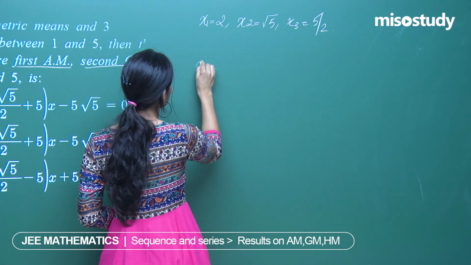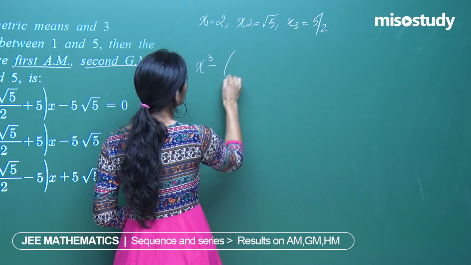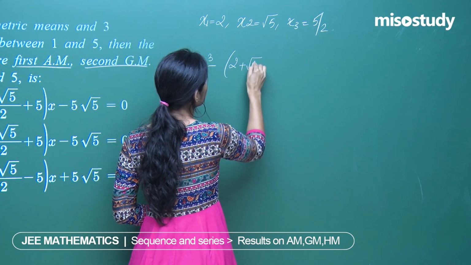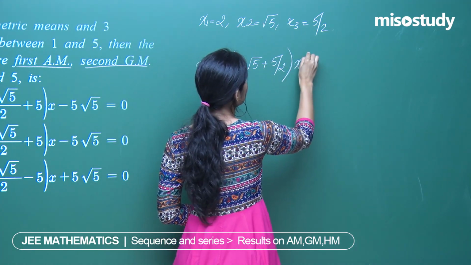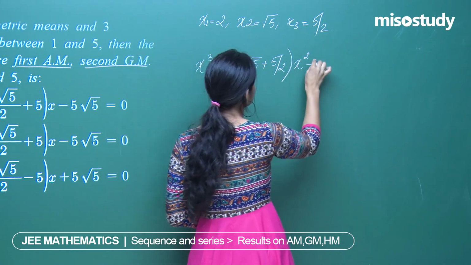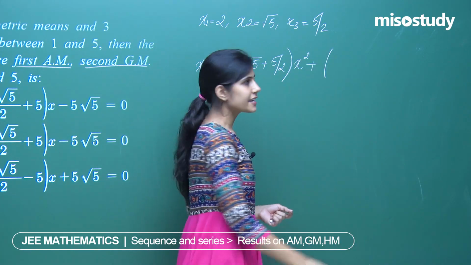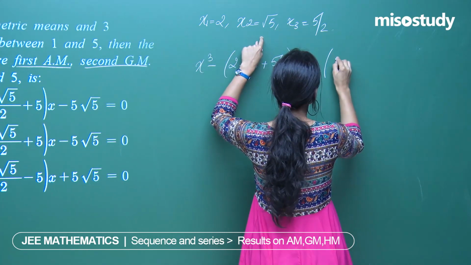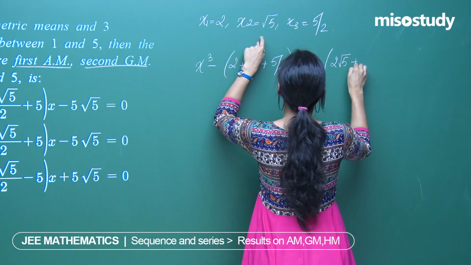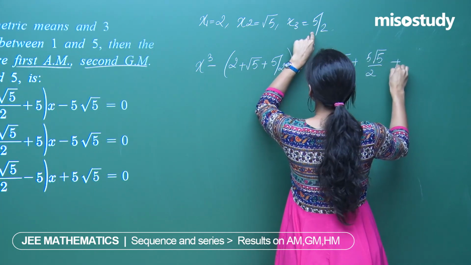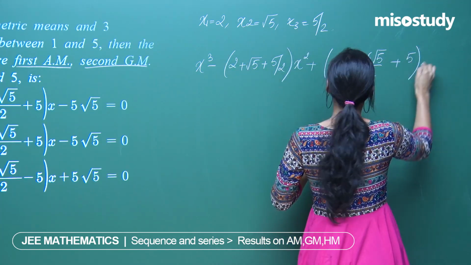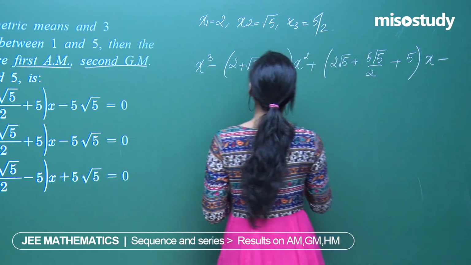What is that cubic equation? It is x cube minus sum of the roots into x square plus sum of product of roots taken 2 at a time. So 2 into root 5 plus root 5 into 5 by 2 plus 5 by 2 into 2, into x minus product.